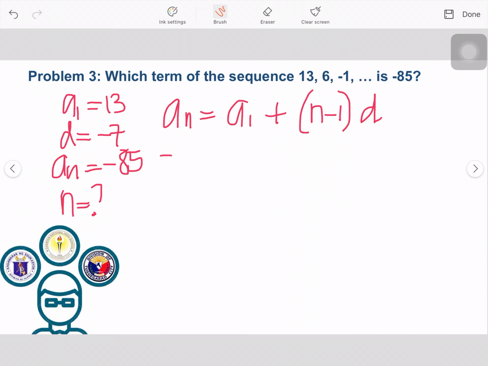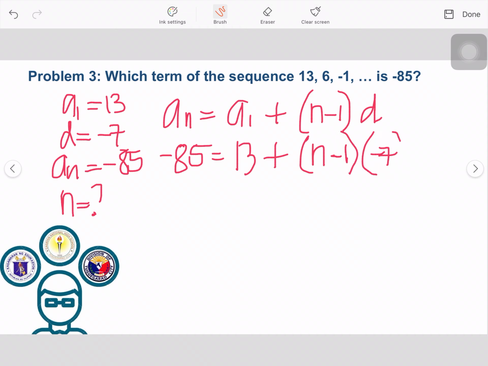That therefore gives me negative 85 is equal to 13 plus, I do not know n, that's what I'm looking for, times negative 7. That gives me negative 85 equals 13 plus negative 7n if you distribute negative 7, plus 7. 13 plus 7 on the right side will give me 20.